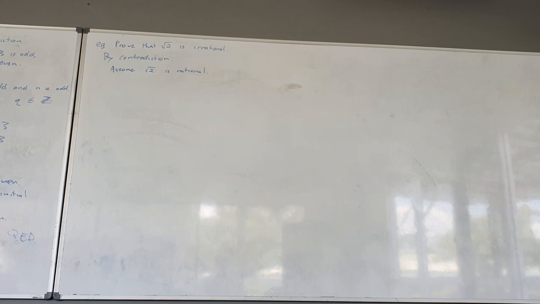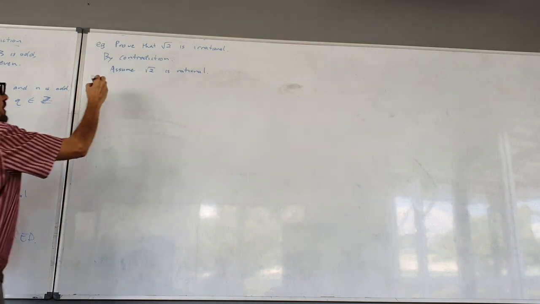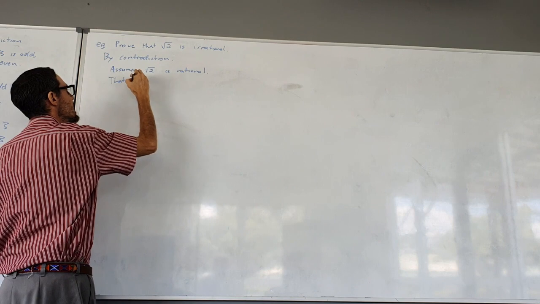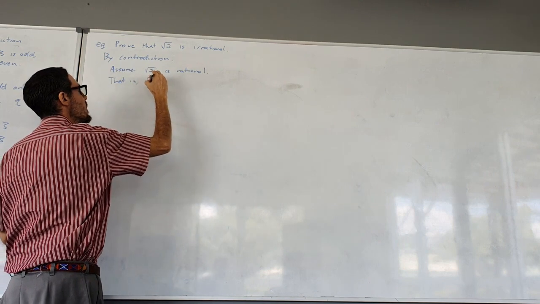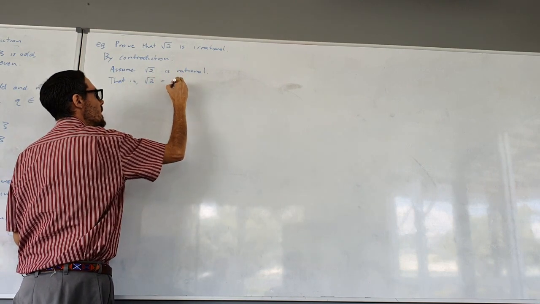Well, what does rational actually mean? That is square root of 2 equals p over q.